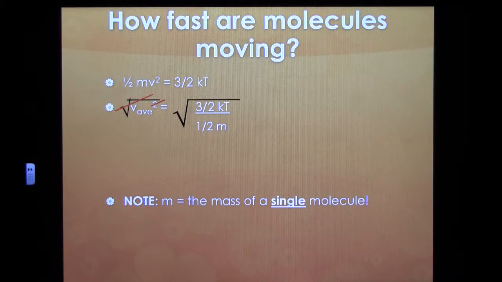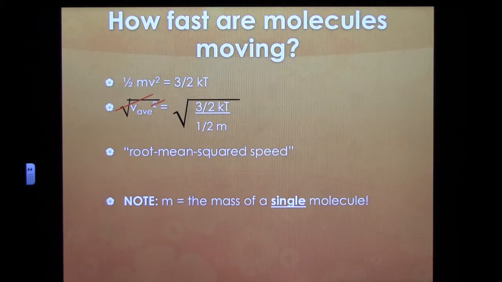So we're left with the average speed equals the square root of 3/2 kT over 1/2 m. This is known as the root mean squared speed, because we're taking the root of the mean squared.